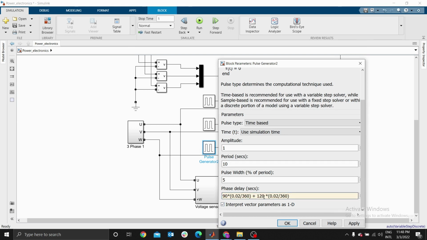Then instead of 120, you use 240 because W is away from U by 240. Therefore, we're going to trigger the third pulse after 240 degrees so that we can synchronize the third pulse with W.